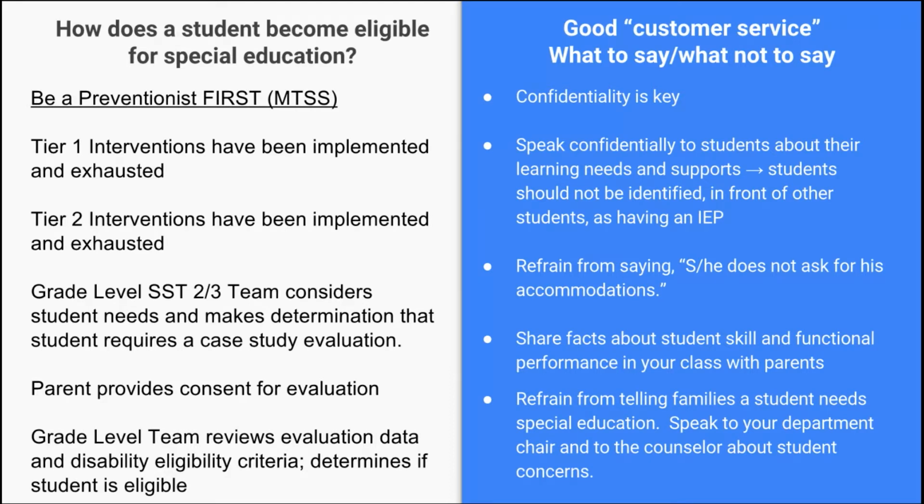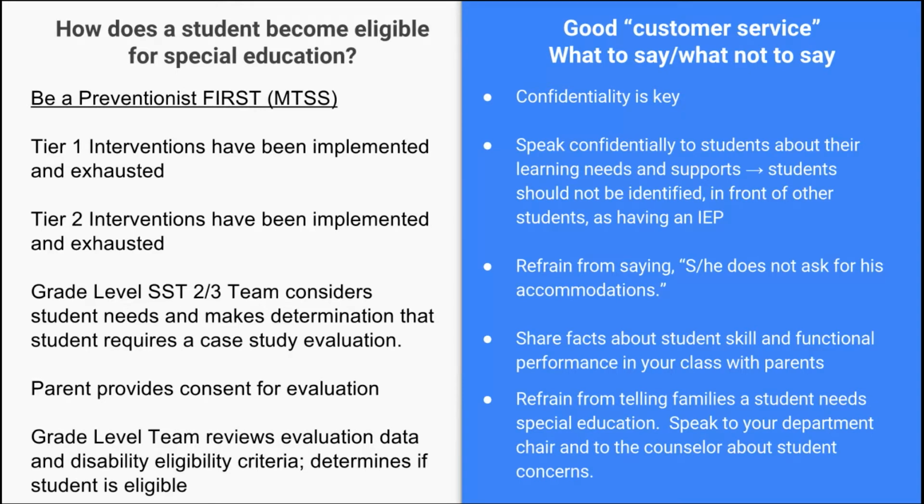At this meeting, the team considers student needs and decides if the student requires a case study evaluation. If the team decides a student requires a case study evaluation, parental consent must be obtained for the evaluation to take place. Once the evaluation data has been gathered, the grade level team reviews the data and relevant eligibility criteria, determining if a student is eligible for special education services.